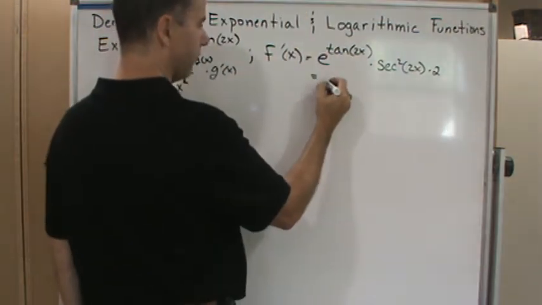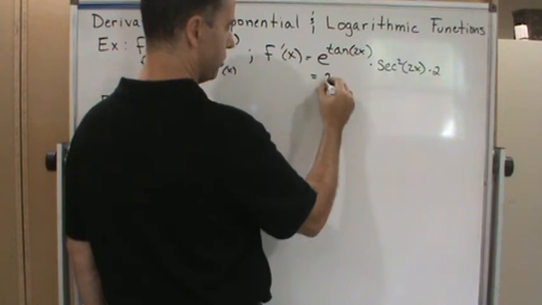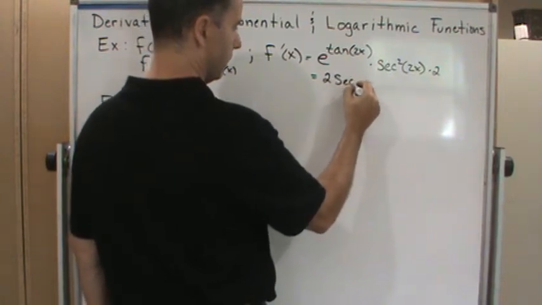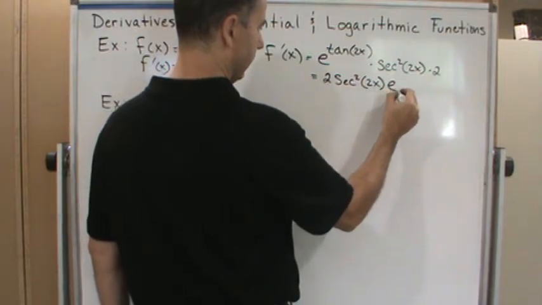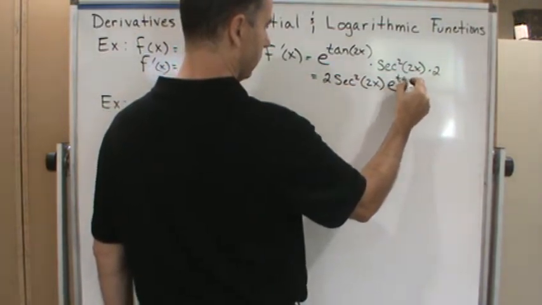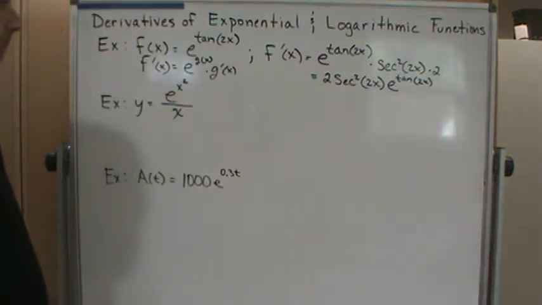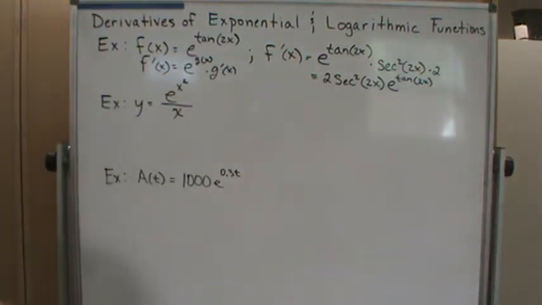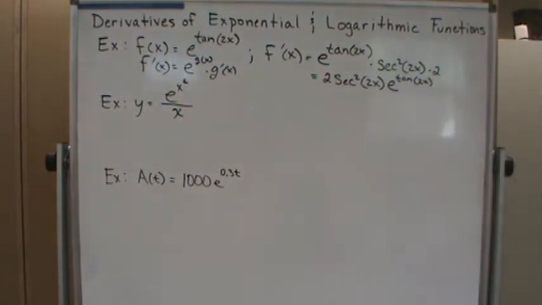So our final derivative, rearranging these, is 2 secant squared 2x e to the tangent 2x. And that becomes our final result. That's the derivative of f of x.